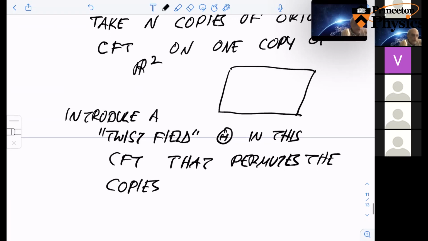What that means is that if you have a point in R2 where the operator theta is inserted, then if you go around that point, the n copies are cyclically permuted.